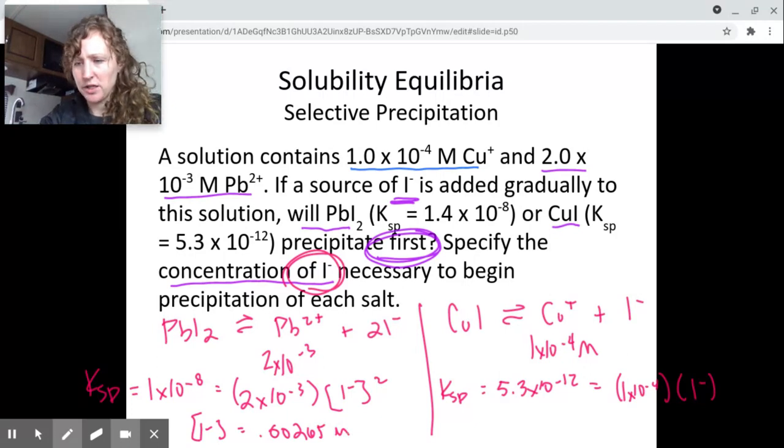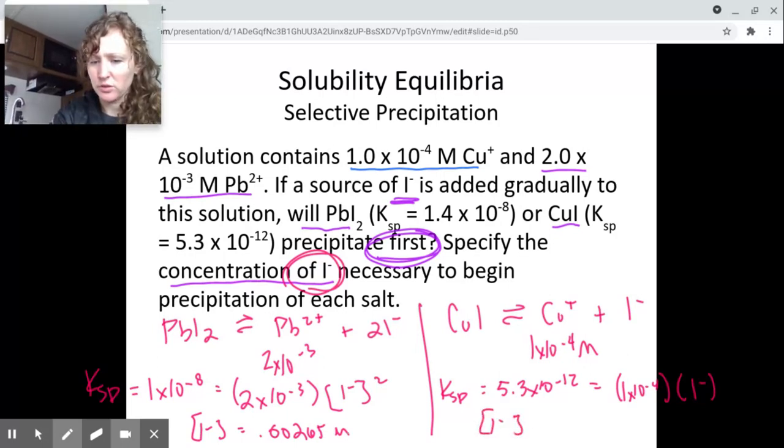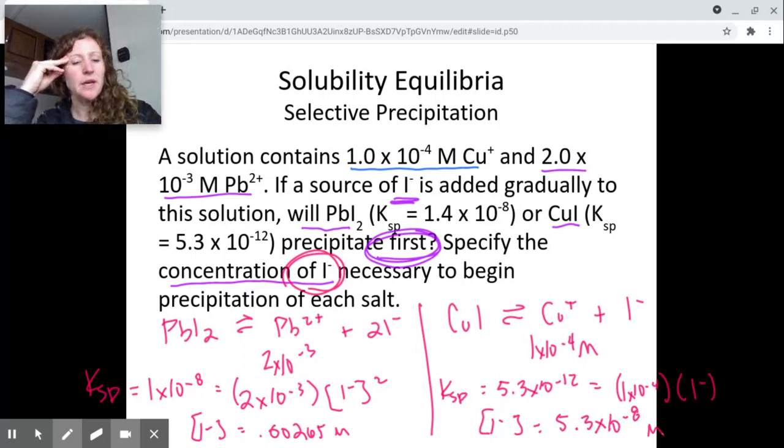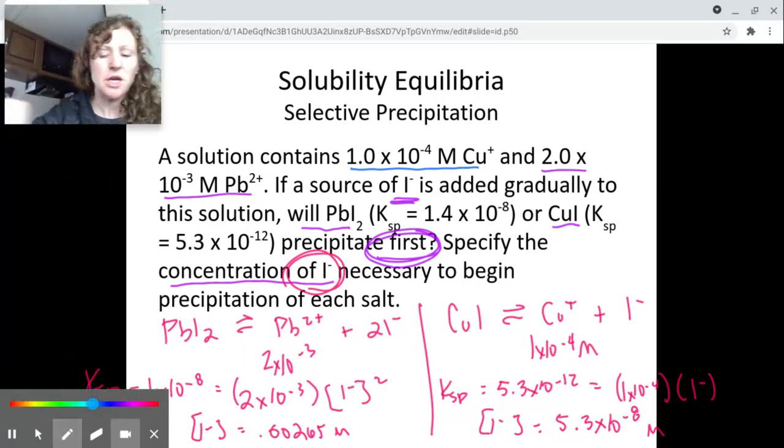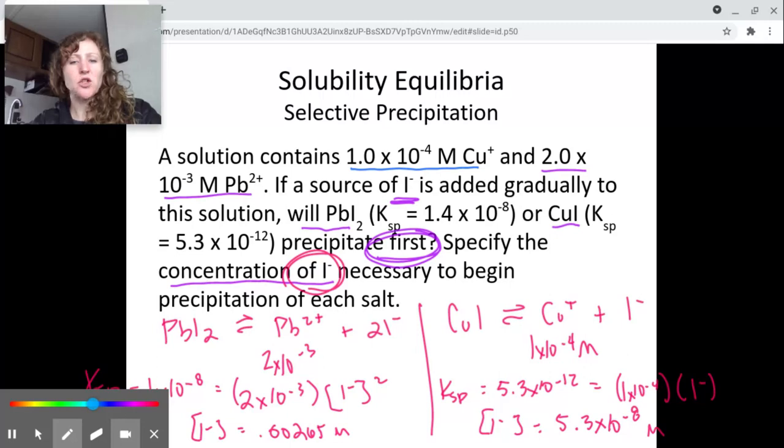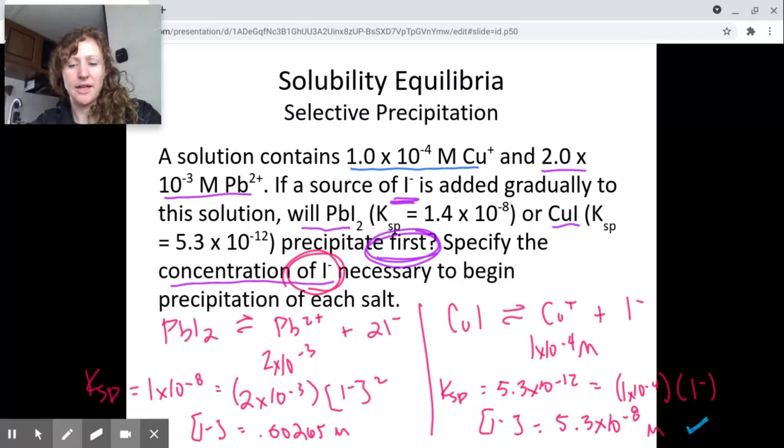All right, same thing over here. I take my Ksp, I divide by copper, and I get an iodide concentration which is equal to 5.3 times 10 to the negative 8th molar. Okay, so let's think about this conceptually here. As I gradually add I minus, I need to add 5.3 times 10 to the negative 8 molar of iodide in order to start precipitation of copper iodide.